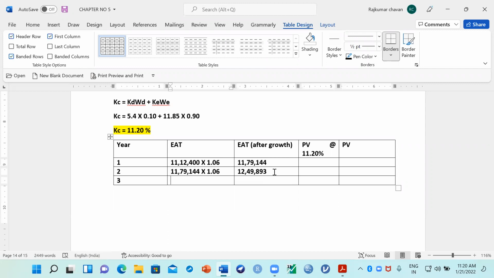Now next, this 12 lakh again will grow at a rate of how much? Again the same rate, 893 into 1.06.